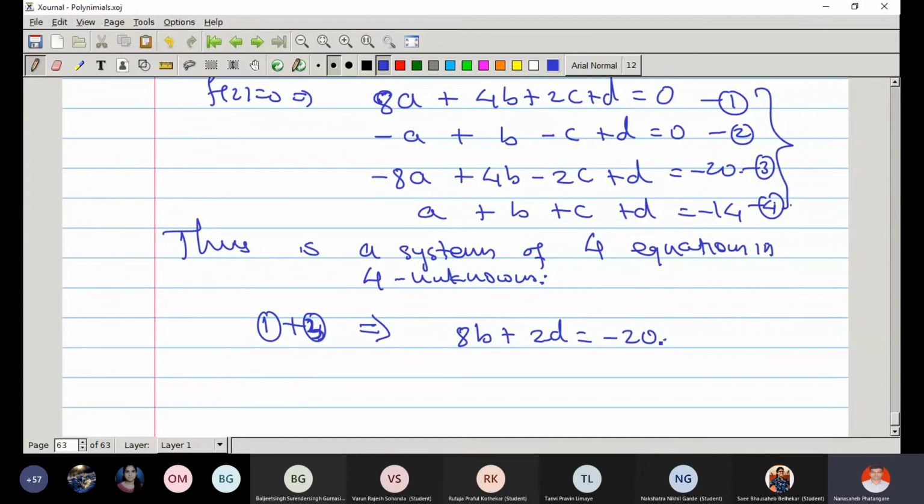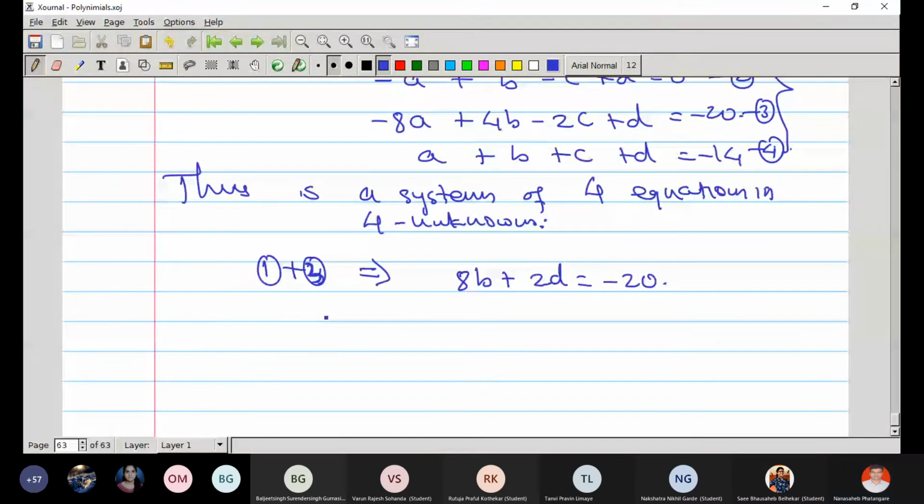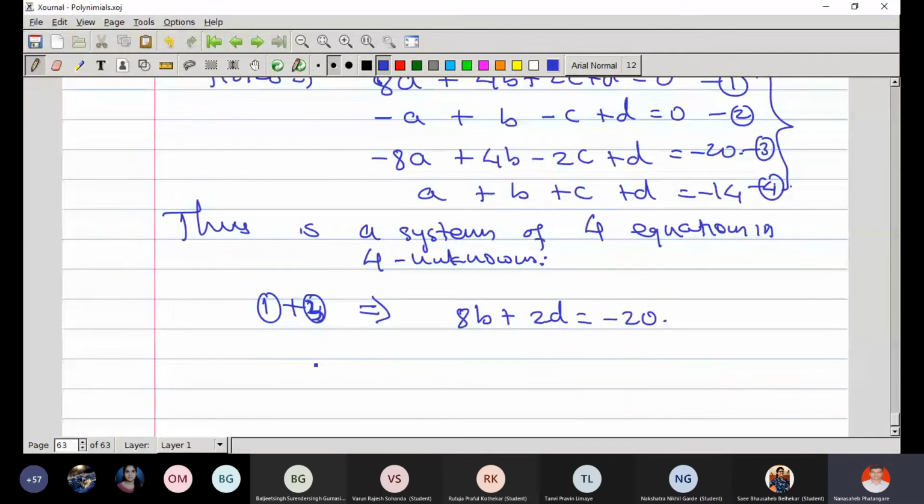And second and fourth. If we add second and fourth, what will we get? 2b plus 2d is equal to minus 14. Now, if you solve these two linear equations, you get the values of b and d.